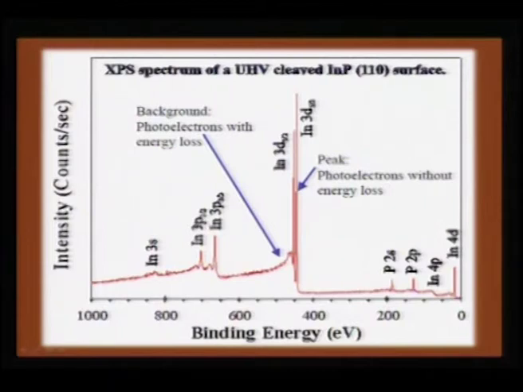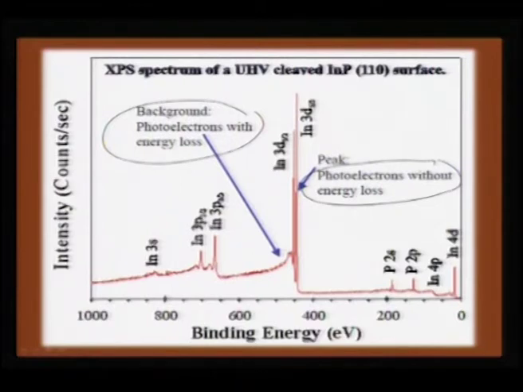For example, if you look at indium 3d 5/2 and indium 3d 3/2, these two peaks are coming because of the photoelectrons without energy loss, whereas there will be a broadening or a small satellite feature that is coming, which is actually a background effect coming because of the photoelectrons' energy loss. And as you would see here, you can pinpoint each of these peaks, which is characteristic for indium 3s, 3p, 3d, and phosphorus 2s, 2p, and indium 4d.